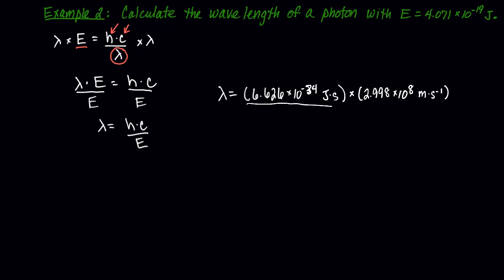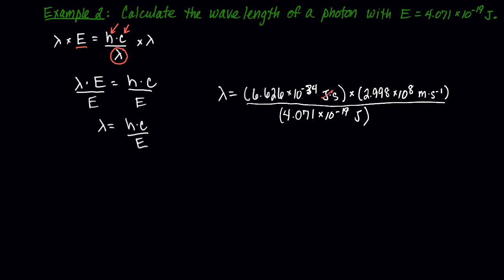Then we're going to divide that by 4.071 times 10 to the minus 19th joules. Let's cross out the variables that cancel each other out.